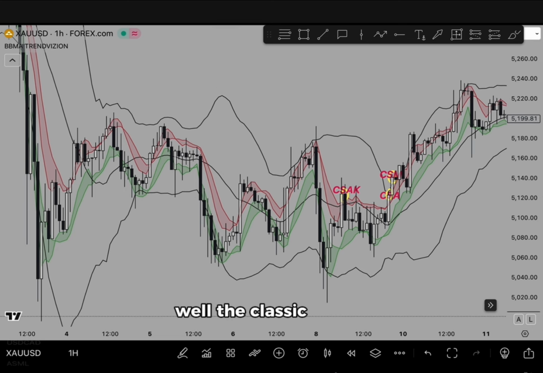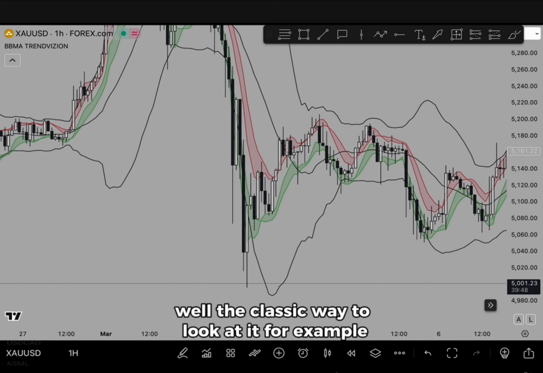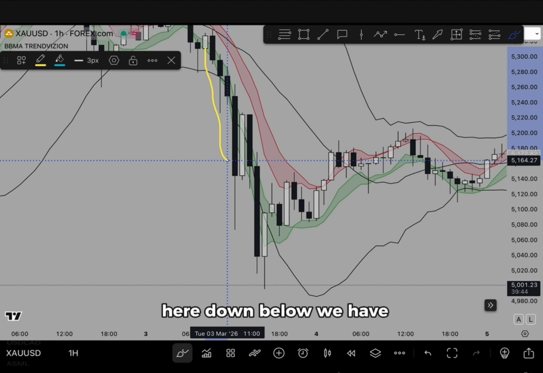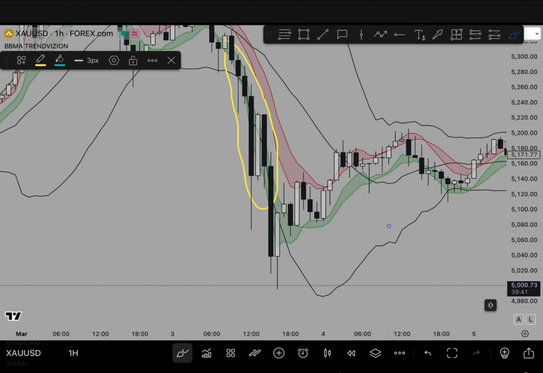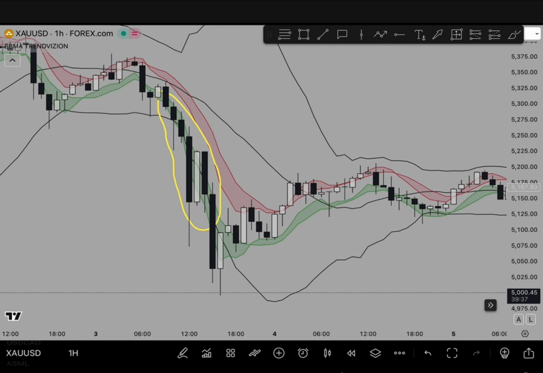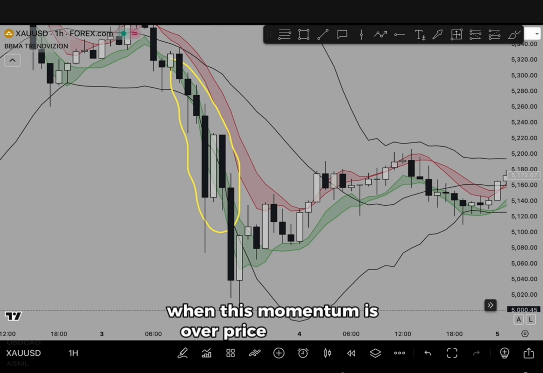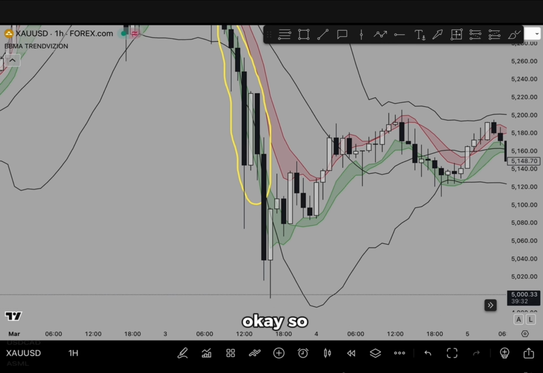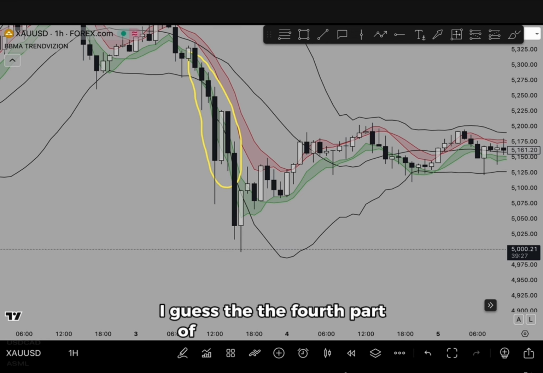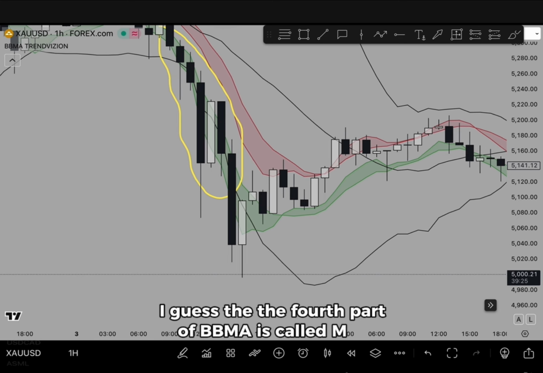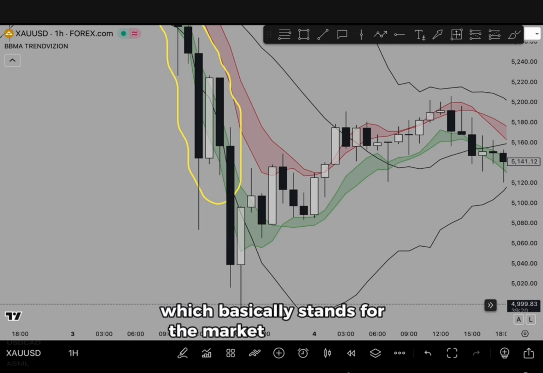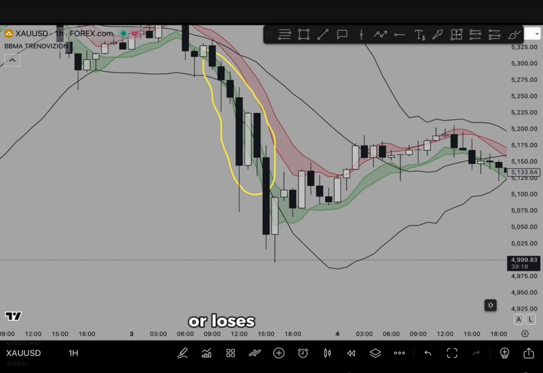Well, the classic way to look at it, for example here, down below, we have a move of momentum. Now, when this momentum is over, price can reverse, okay? So the fourth part of BBMA is called MHV, which basically stands for the market loses volume or loses momentum.